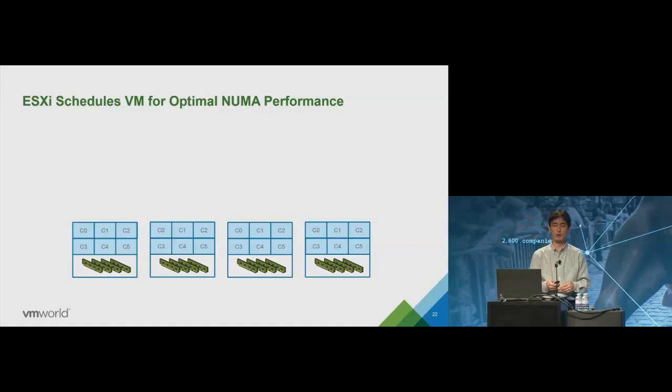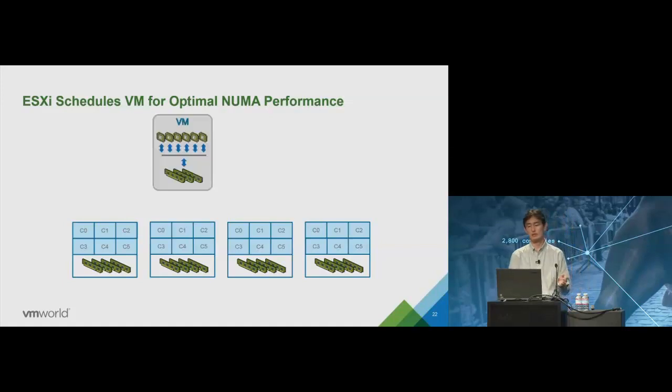ESXi schedules VMs for optimal NUMA performance. So what do I mean? Let's say you run a VM with 6 vCPUs, or 1 vCPU, or 4 vCPUs. In this case, the NUMA node has 6 cores, right? So ESXi sees it and says, okay, I can schedule it within 1 NUMA node.